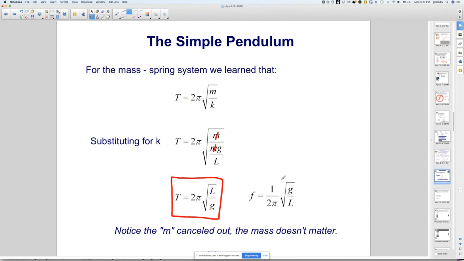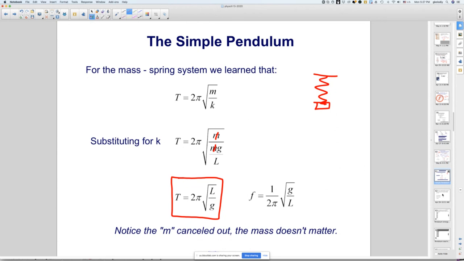For the frequency, turn this upside down for g over L. And you remember, for the period of something oscillating on a string, the mass of the thing that's oscillating doesn't matter. That's because it canceled out over here. Neat trick, no?